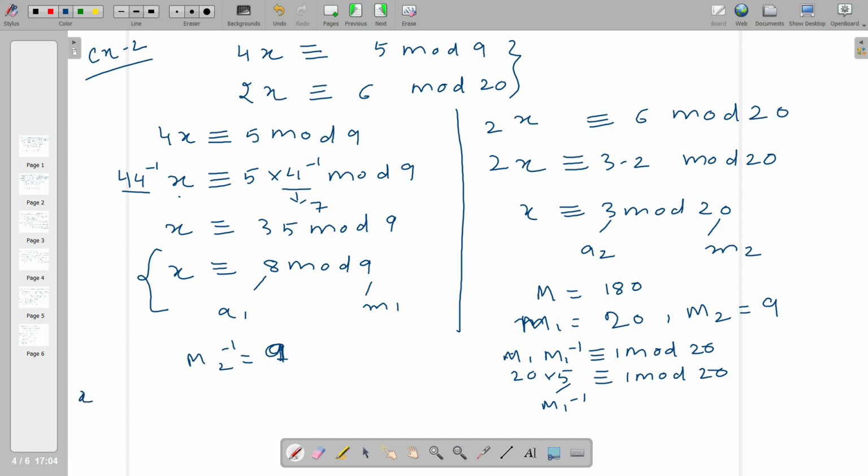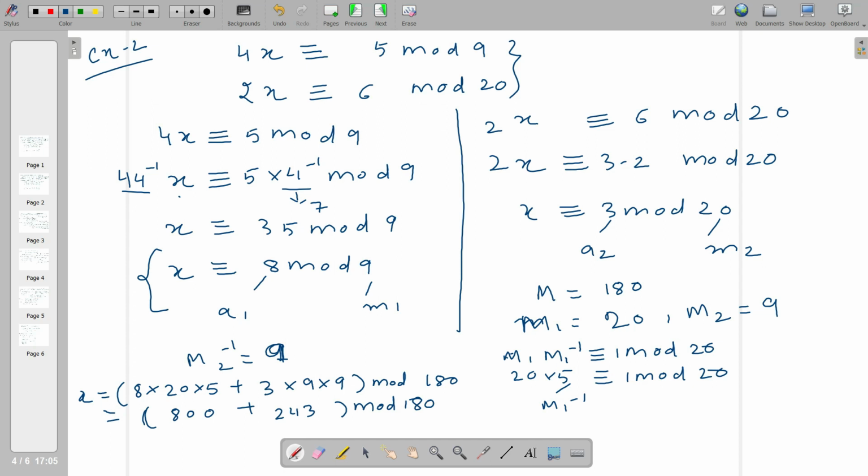So we can write x is equal to a1, which is now 8, times capital M1 which is 20, times capital M1 inverse which is 5, plus a2 which is 3, times capital M2 which is 9, times capital M2 inverse which is also 9, mod m, and m is 180. So this is 800 plus 243 mod 180. Now you can easily solve that and find the value of x.